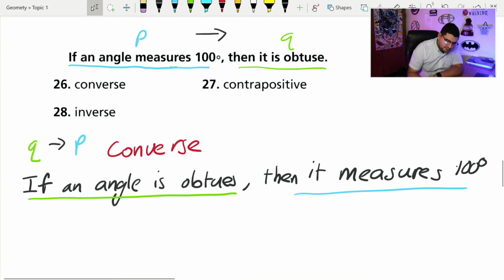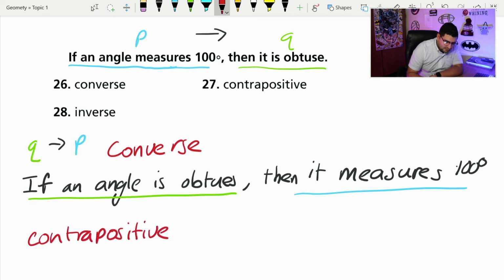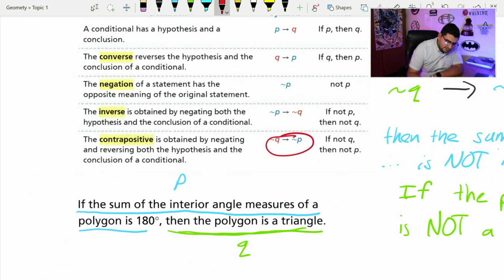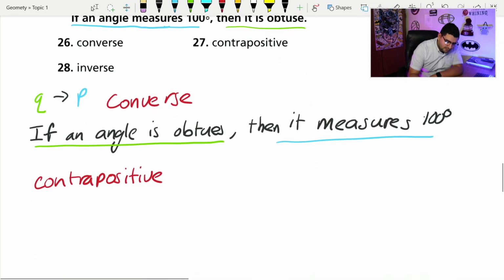Now let's go ahead and do the contrapositive. Again, our contrapositive is the negation of Q with the negation of P. So it follows the same order as the converse, but now we're going to say the opposite.